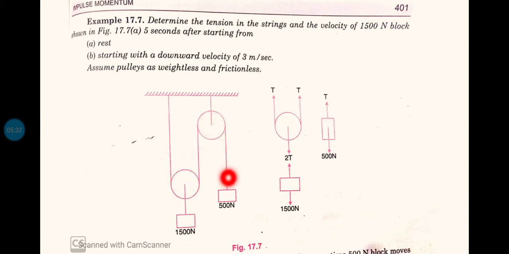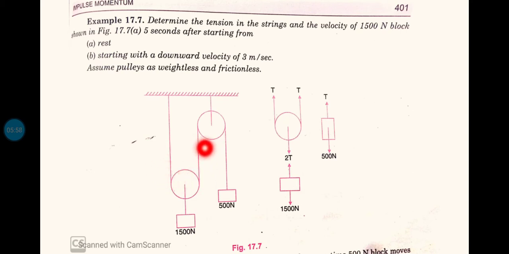But at the same time, what happens is, assume the case the 1500 Newton weight is moving downward, say x distance. So from both sides of the rope which is connected to this pulley, if this pulley wants to move x distance downward, from this side and from this side, the rope has to move x distance.